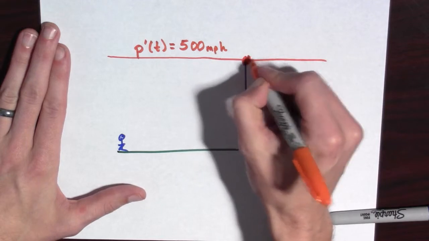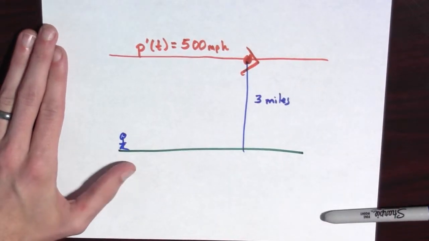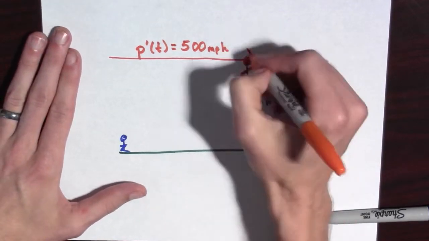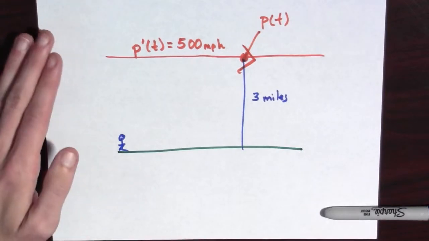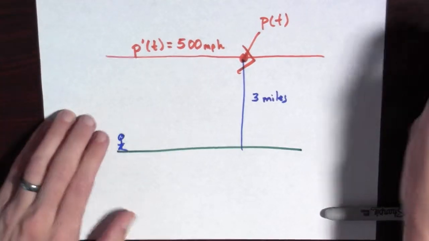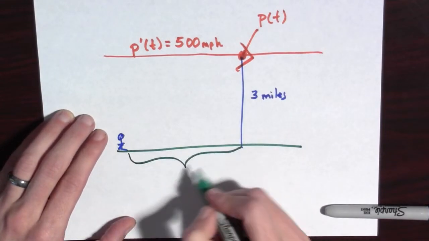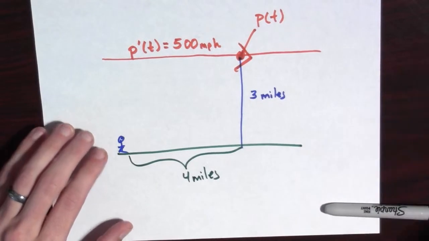Suppose this is the airplane. This is my picture of the airplane, right here. This is P of t. And the airplane is at a point 4 miles away from you.